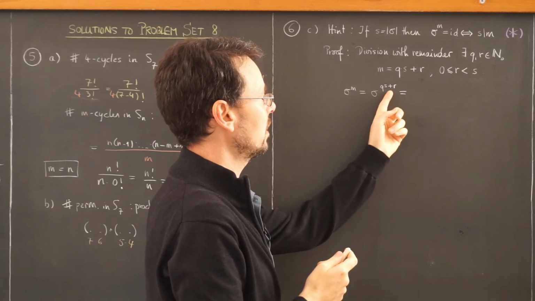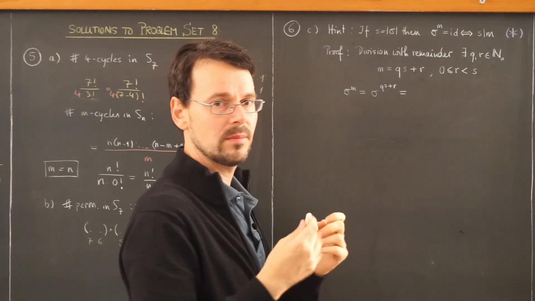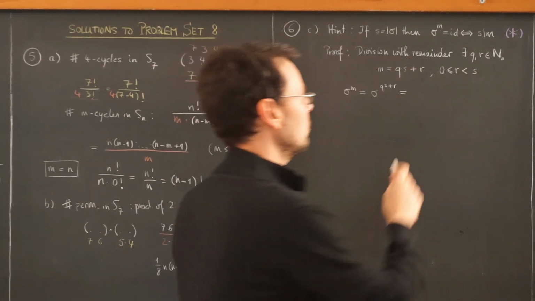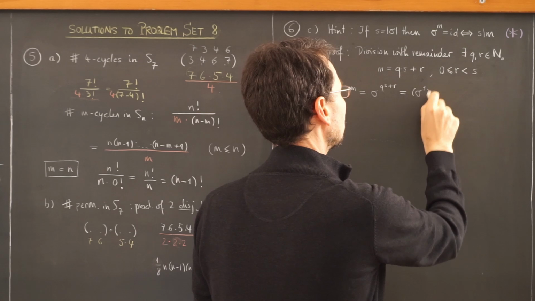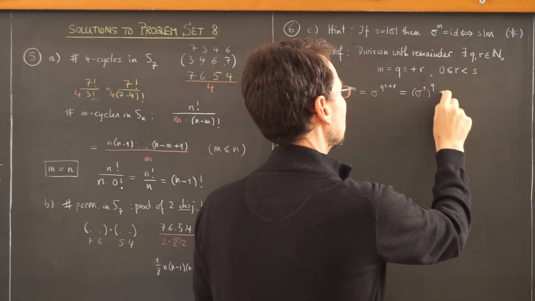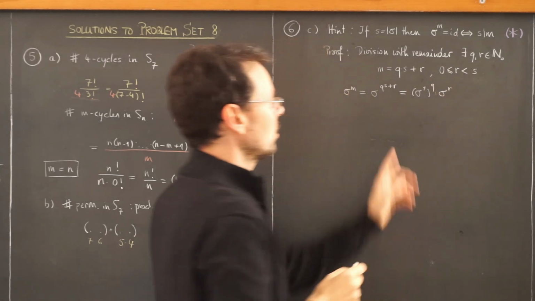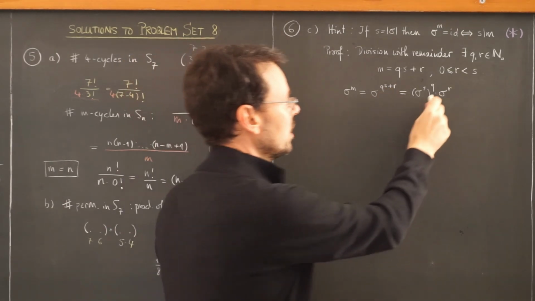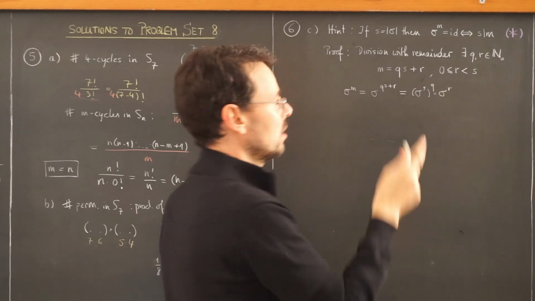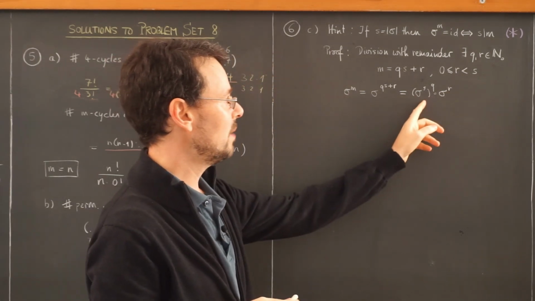m can be written like that. And now we apply the power rules that hold in any group. First of all, this plus here becomes composition, which I write as a dot or as a circle for composition of maps.